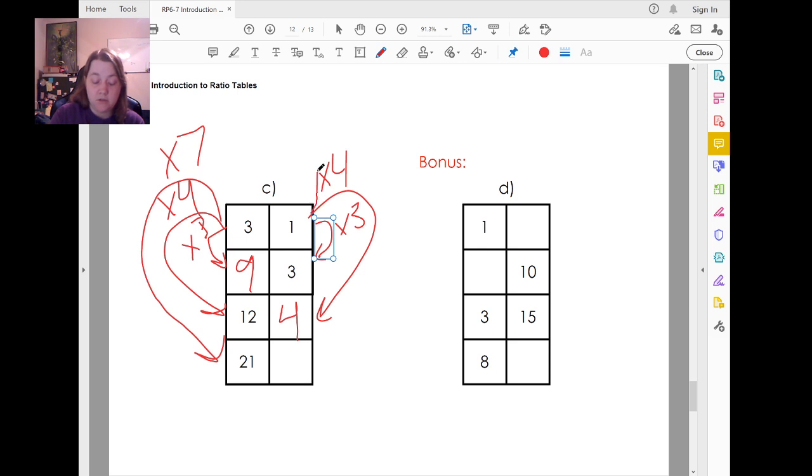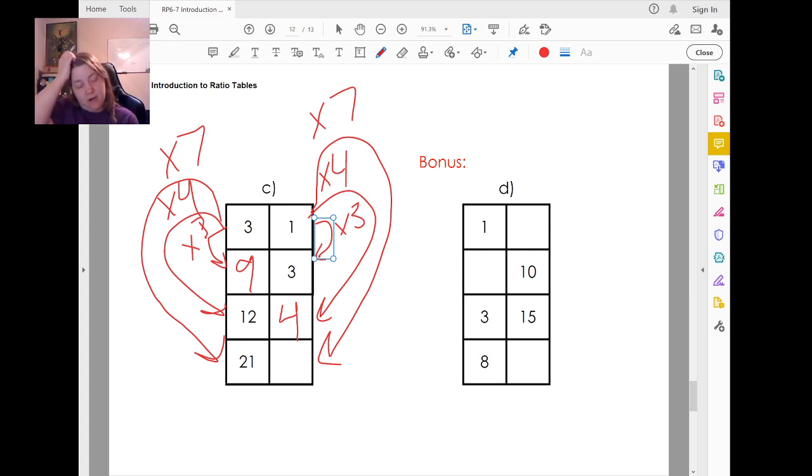So I'm also going to multiply this side times 7. Normally you can write the numbers a little bit closer when you're doing these. However, I'm working with technology.